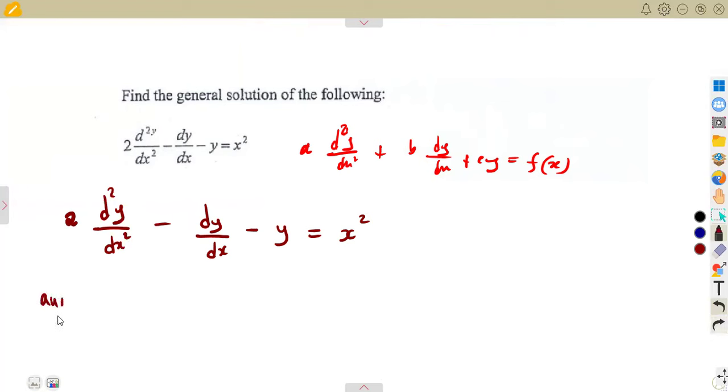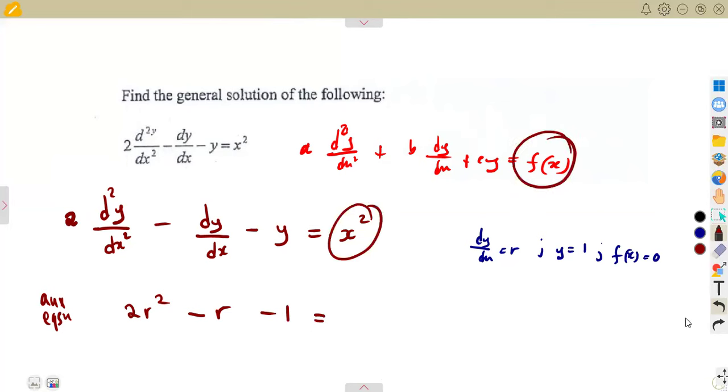So we've got our auxiliary equation, which we formulate by letting dy/dx be equal to r, y be equal to 1, and at that same condition, our f of x to be a 0. So that means we are going to be left with 2r squared minus dy/dx, which is r in that case, minus y, which is 1, is equal to the part of f of x, which is supposed to be a 0. So this is what we have.